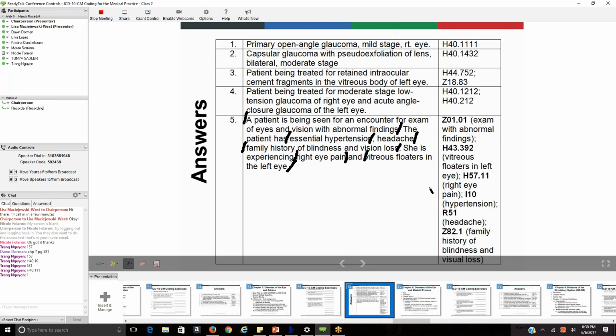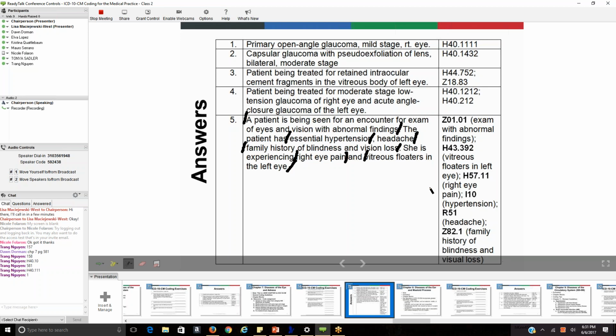So basically what we're looking at here is, first of all, you would sequence the reason for the visit, the exam with abnormal findings, okay? Then why is, even though vitreous floaters in the left eye is the last thing in the op note, why is it second?